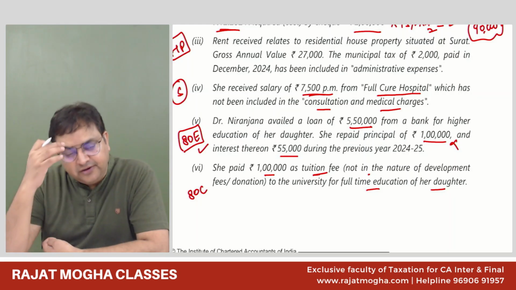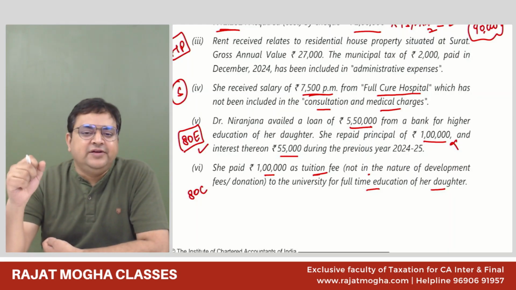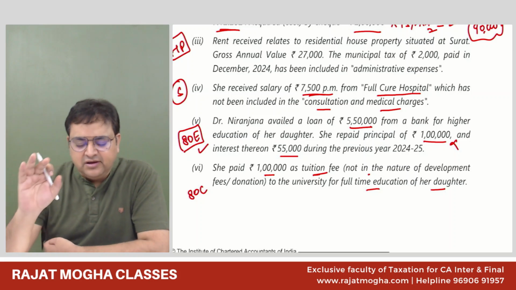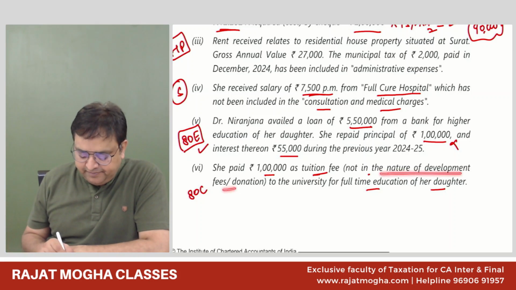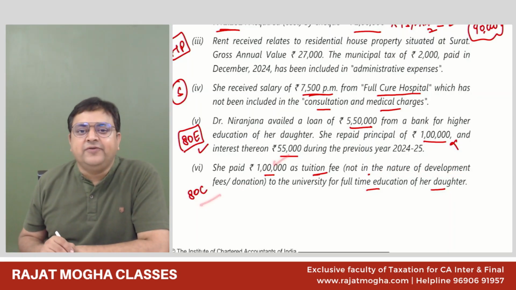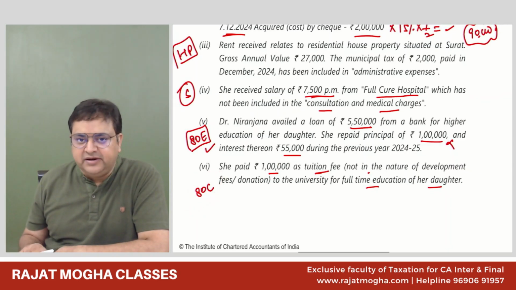School and college is included over there, and it should be tuition fees, not any transportation fees, not any other development fees, etc. So they are actually telling me that it is not in the nature of development fees, etc. So we are okay with this. So 1 lakh rupees, we will give the deduction of 80C, but that too under optional regime, not in default.